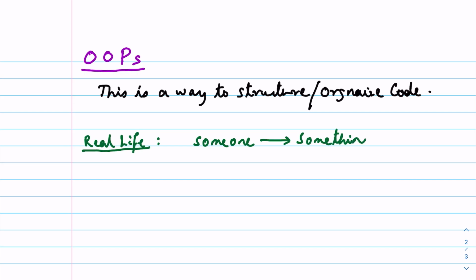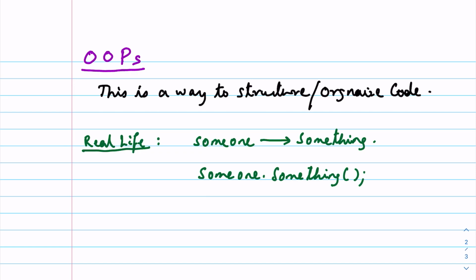Suppose someone does something: eat, study, run, take a break, like that. Remember this point: in real life someone does something. We can frame it like this: someone does something.